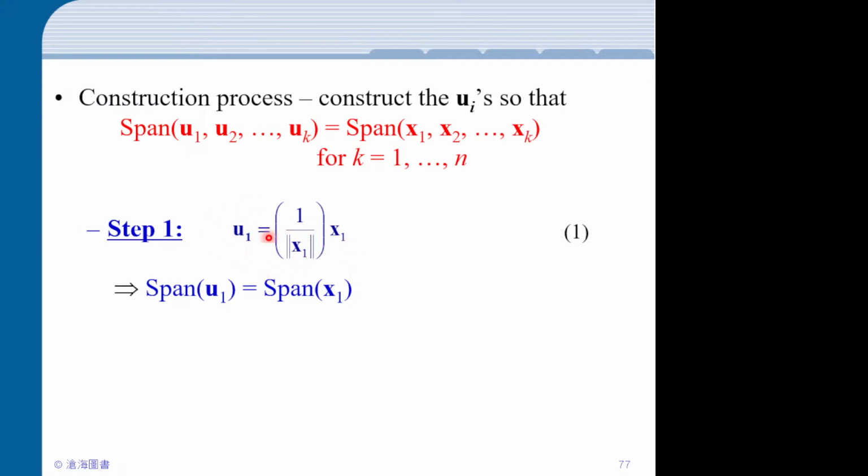And u1 is normalized, and there is only one thing in the set, so there is nothing else to compare, so this is also an orthonormal set. And span u1 equals span x1 because u1 is just proportional to x1. So every linear combination of x1 can be written as a linear combination of u1; you just multiply x1's coefficient by the normalizing factor. So this is a trivial step.